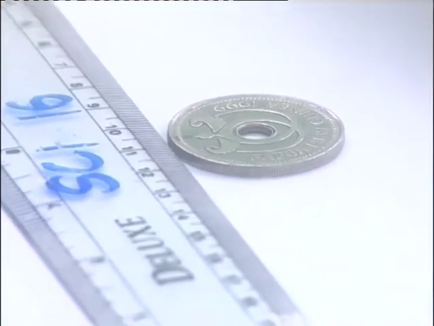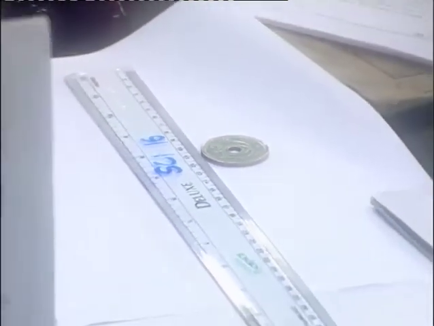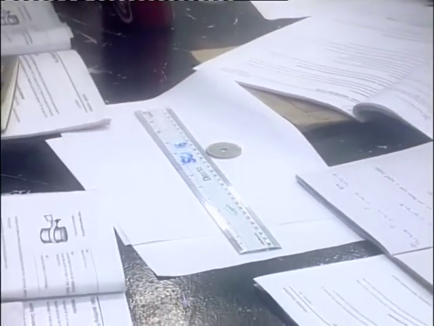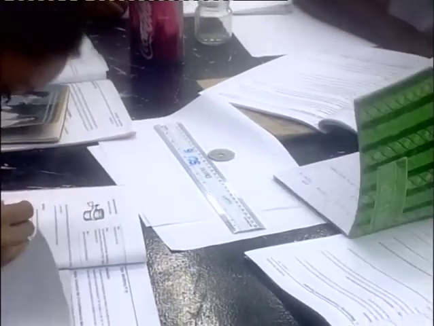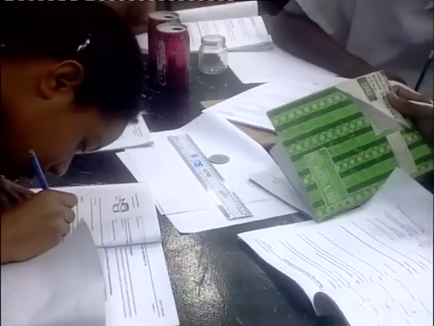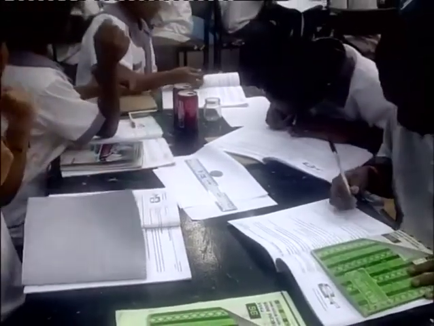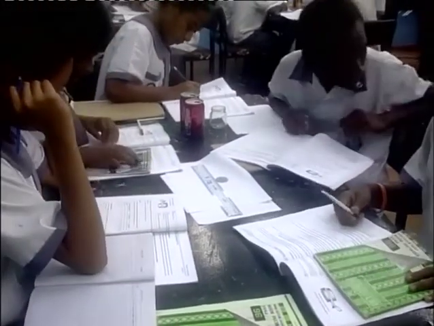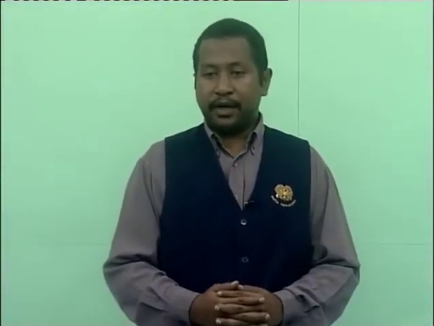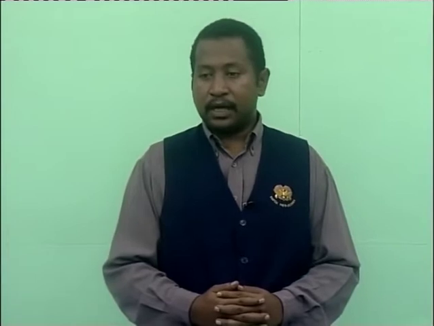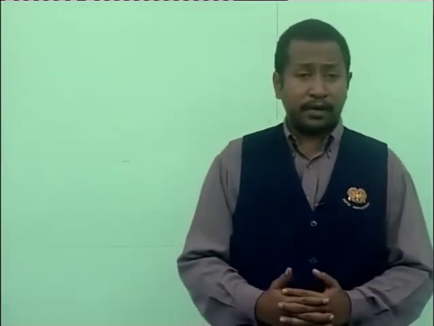Have you got the reading? Okay. Students, that is the circumference of the circular object. That is how you can measure the circumference of the circular object.